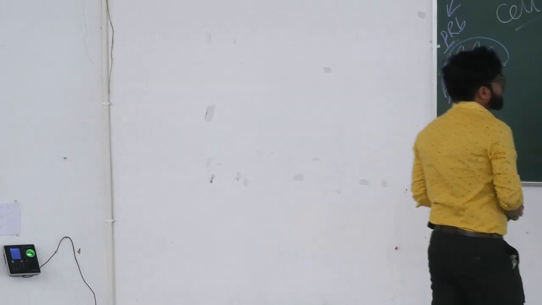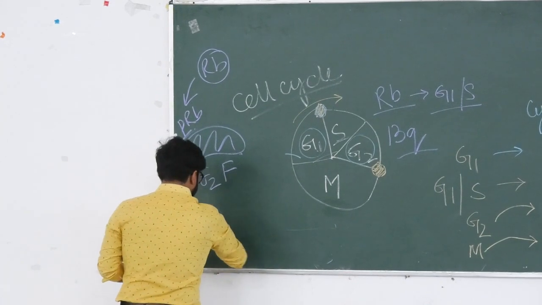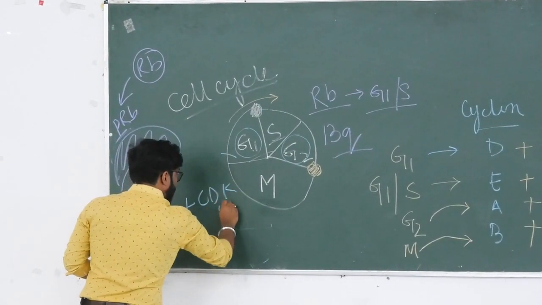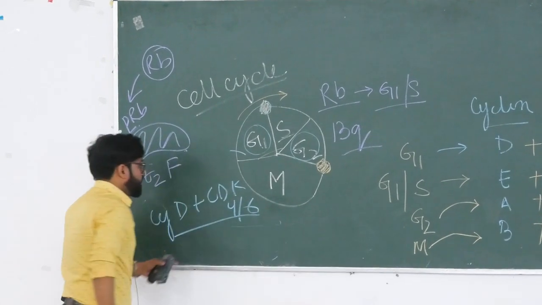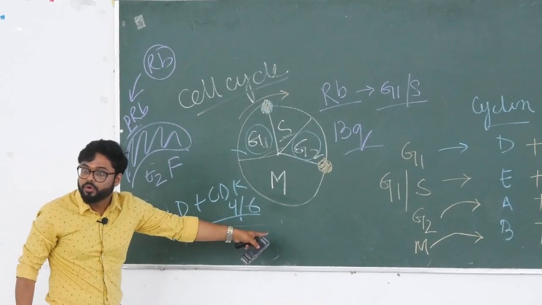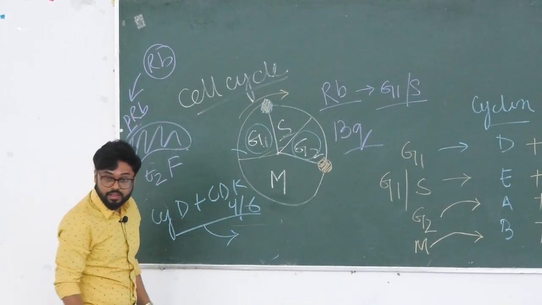Now think about cyclin D with CDK4. It is a kinase which is causing phosphorylation of the protein. It causes the phosphorylation of retinoblastoma protein.